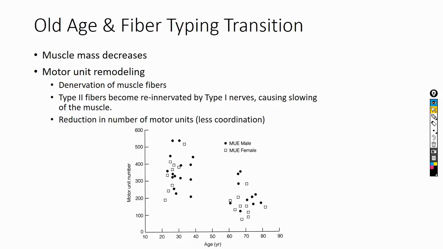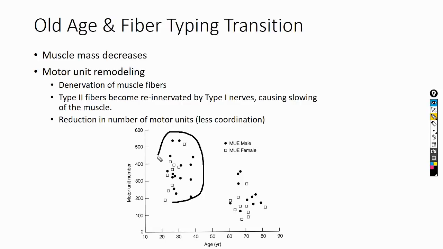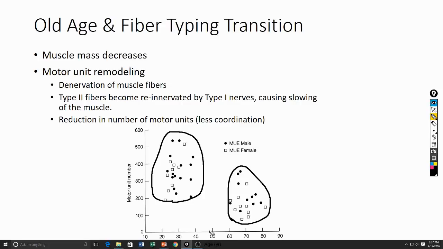So what you see is when people start to age, this graph shows here, you see a decline in overall number of motor units. If you just look at the clustering here, this is age down here on the x-axis, and this is number of motor units on the y-axis.